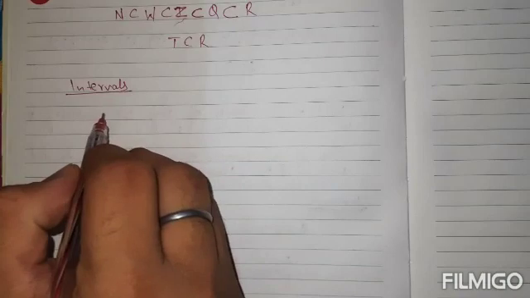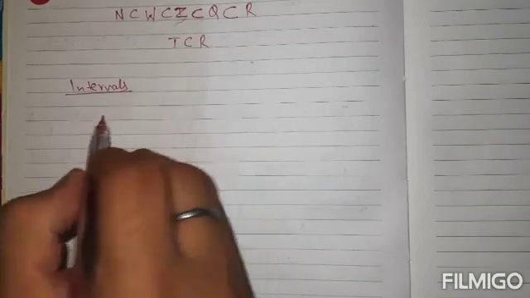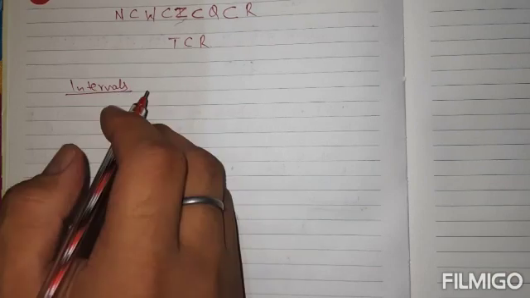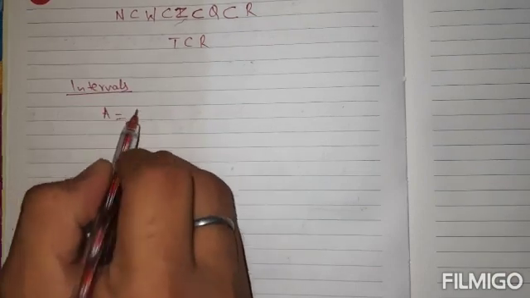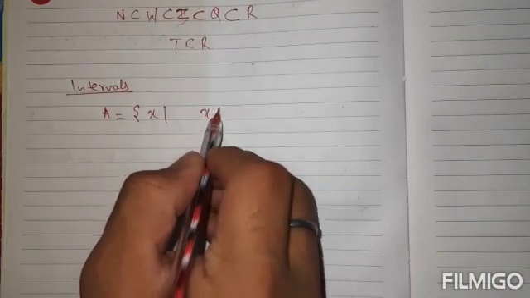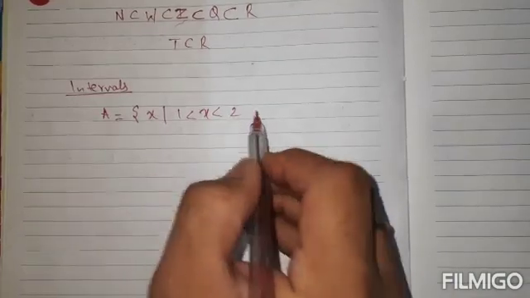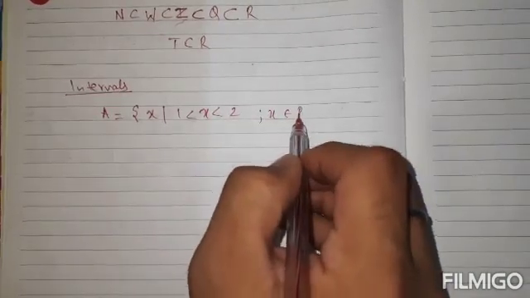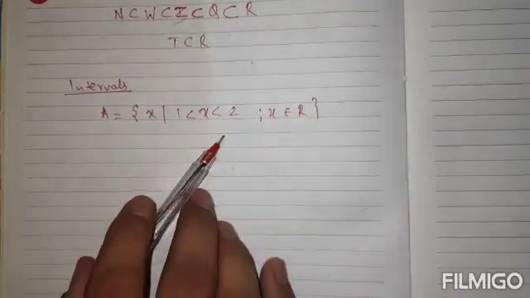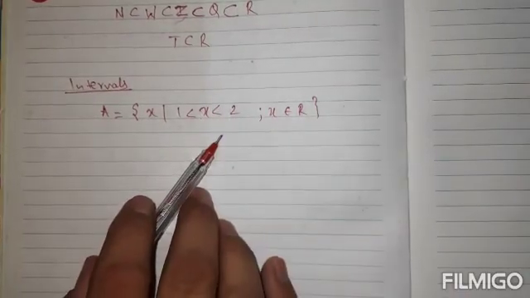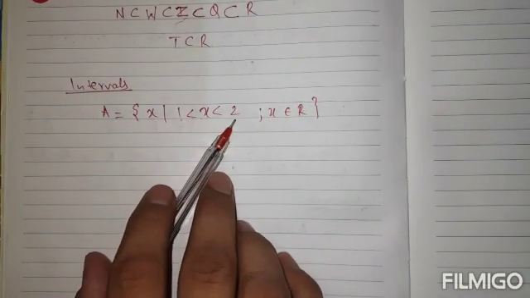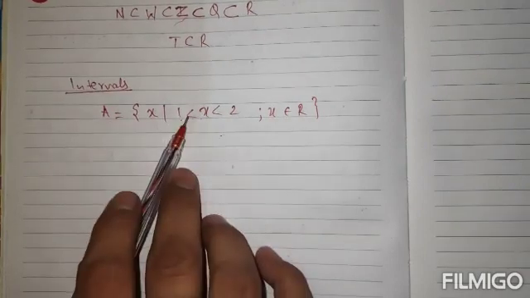Means if I ask you to write the set of all the numbers between 1 and 2, suppose A is a set which contains all the numbers x such that x lies between 1 and 2. Then we cannot write this set in roster form, because there are infinitely many real numbers between 1 and 2.